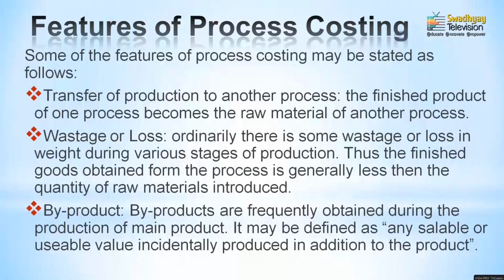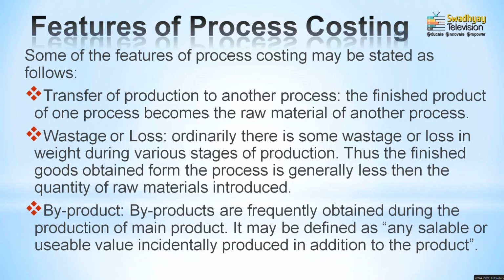Another important feature is byproducts. Now, what is a byproduct? A byproduct is a product which is not identified or not the main object to manufacture. It means that the company is manufacturing a product, and along with that, if any more products are manufactured along with your main products, which are not identified as well as not required, that is your byproduct.